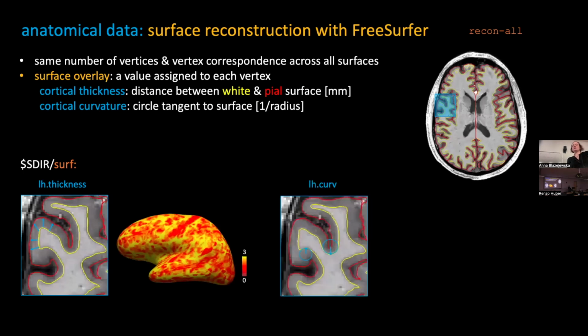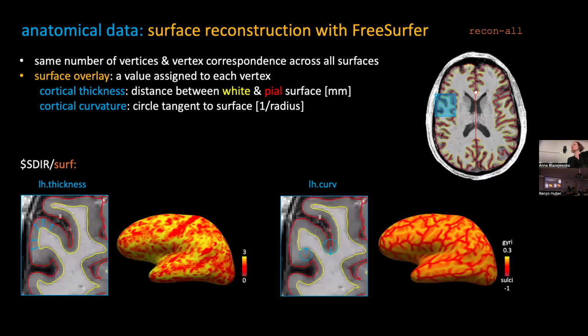And similarly, cortical curvature, again overlaid on the surface. But you can use an overlay to represent any other types of data, like in a few slides we'll be creating overlays of the functional data that will also be projected on the surfaces.